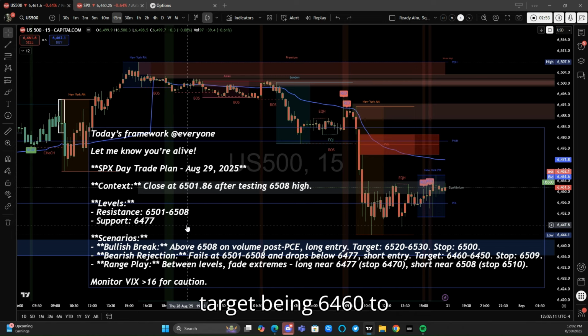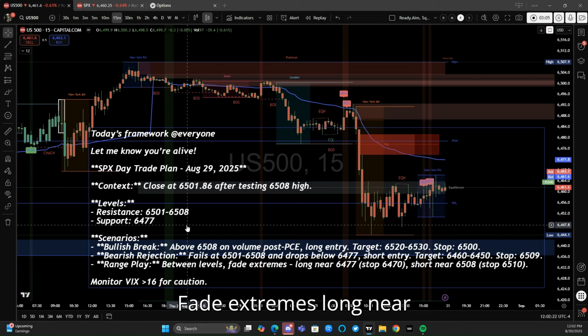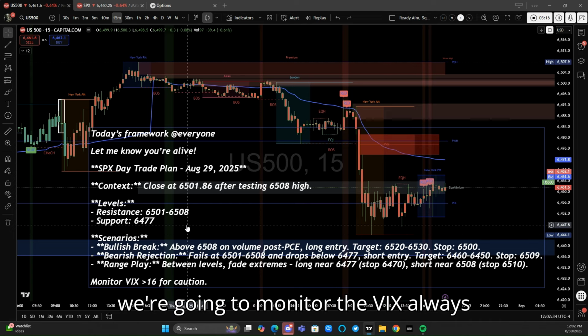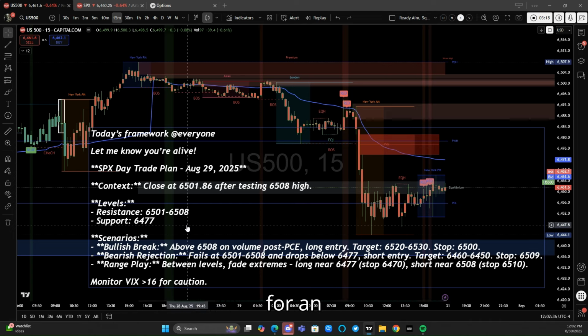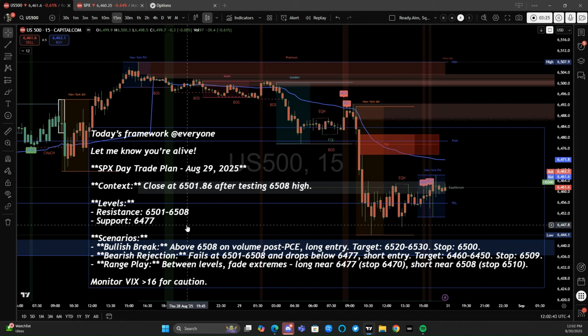Short entry target being 6460 to 6450, stop above 6509. Of course, range play can play between the levels, fade extremes, long near 6477, stop 6470, or short near 6508, stop above 6510. And of course, we're going to monitor the VIX always for an indication of whether we should be buying the dips or selling the rips.